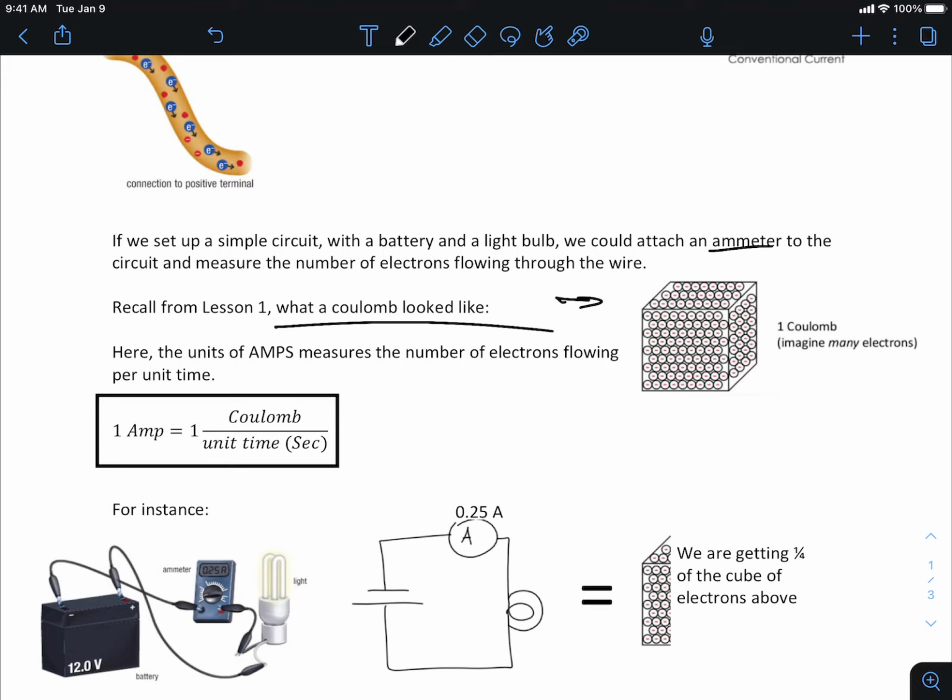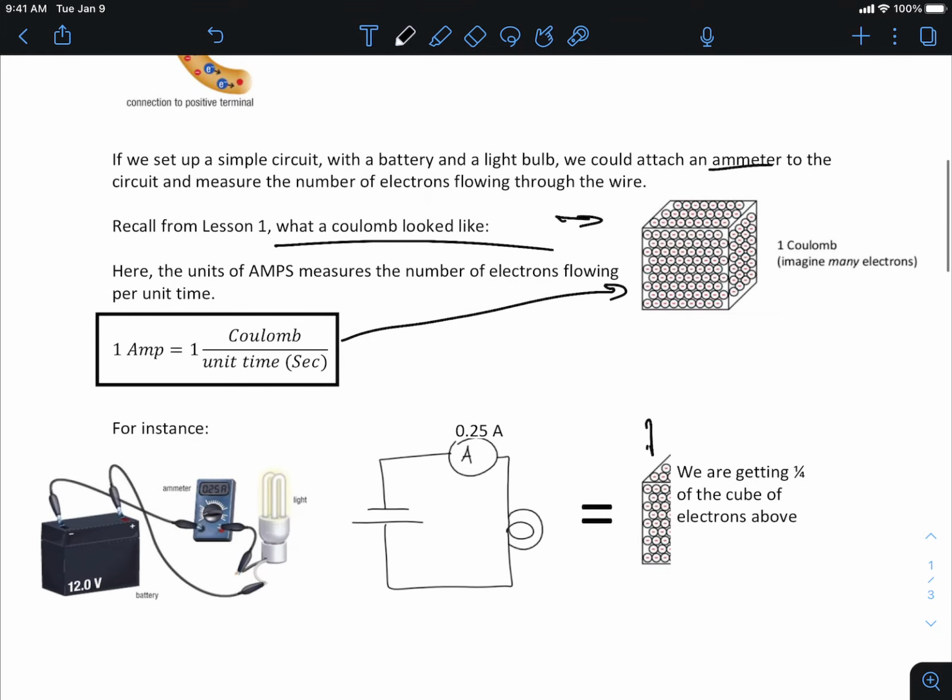That means I'm receiving 1/4 of a coulomb per unit time, in this case seconds. So we're seeing this number of electrons flowing through that particular part of the wire every second. After 4 seconds, I would have seen 1 entire coulomb go through that wire.